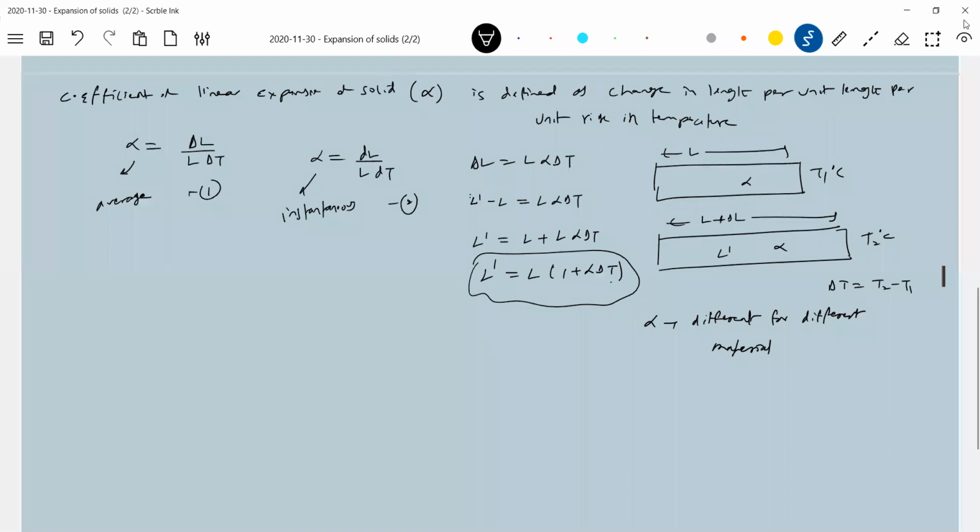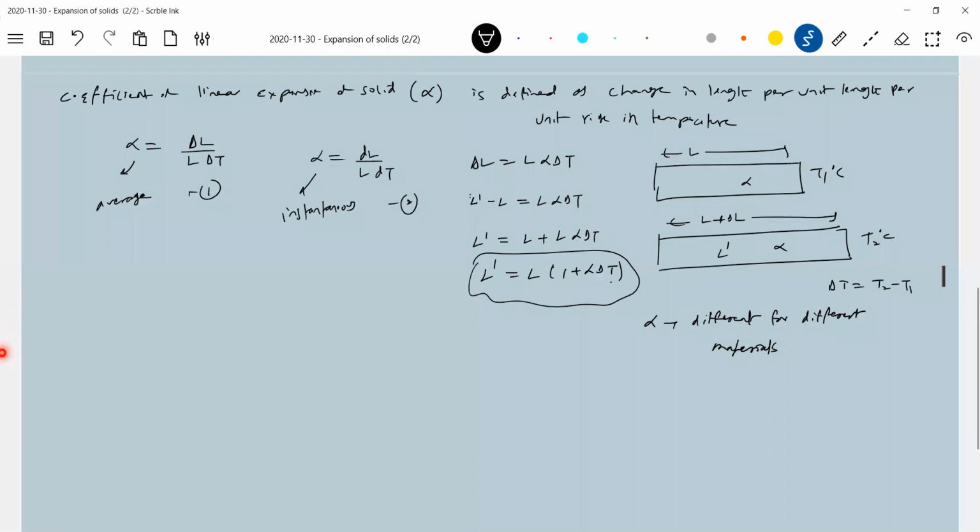So in applications where I want to measure change in temperature, I'll go for a higher value of alpha. If I want a body which will not respond to change in temperature, then I should prefer lower values of alpha. Most of the metals have good values of alpha. So it will be different for different materials. This is about the coefficient of linear expansion.